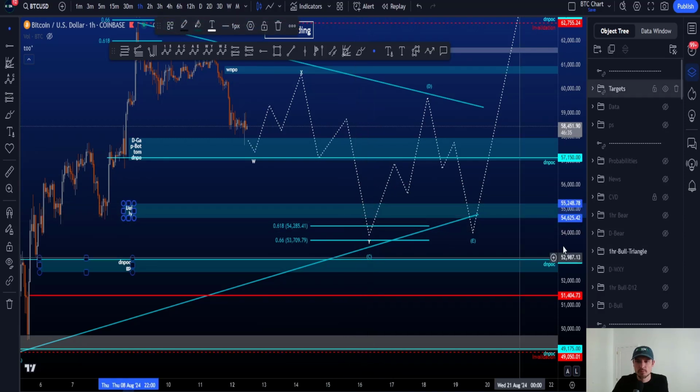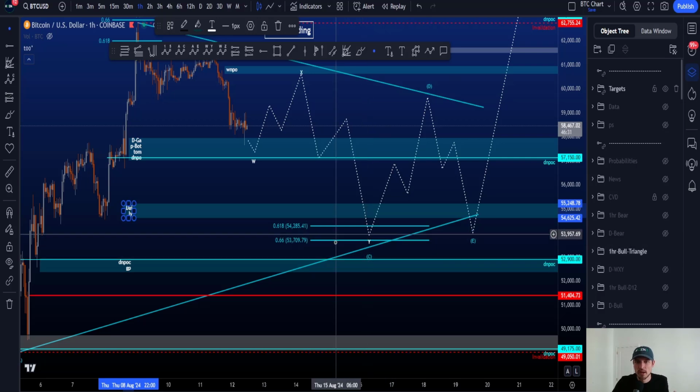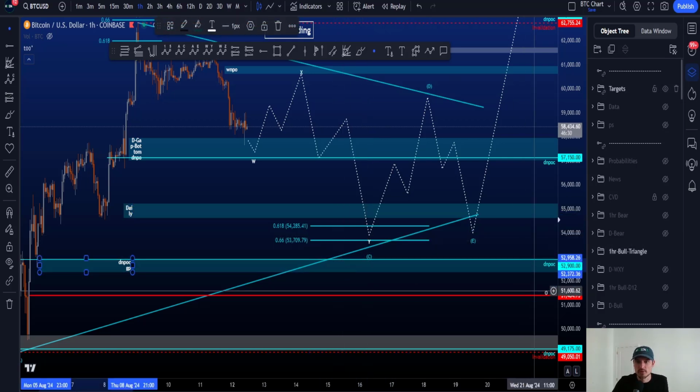We have a blue support box here, 54.6, 55.2, potentially just below the golden pocket. We have another blue box here, 52.3 to 52.9k.